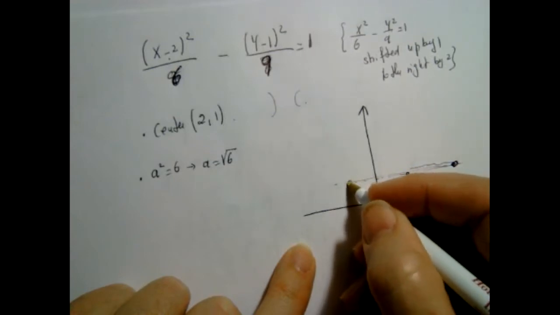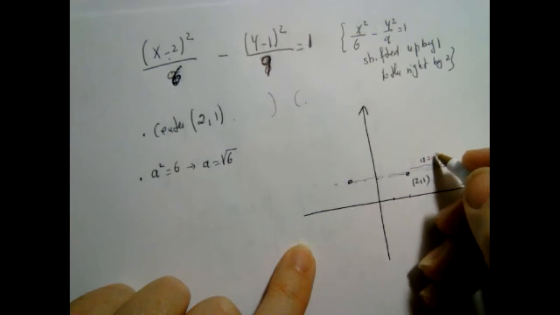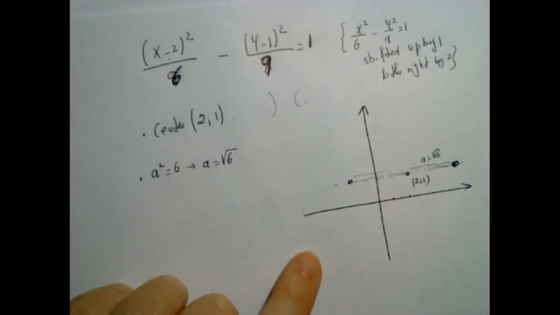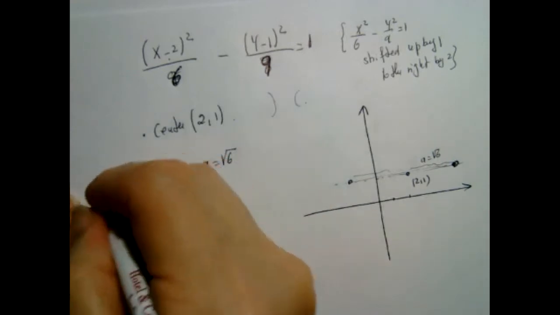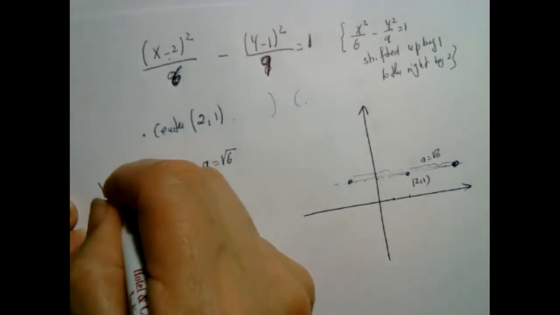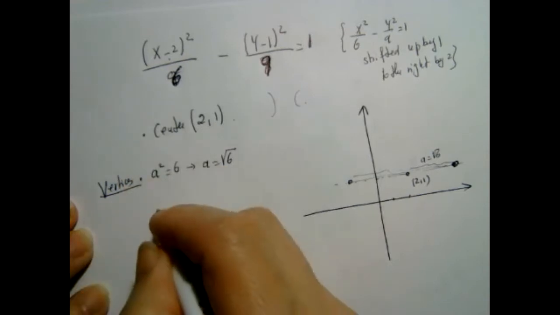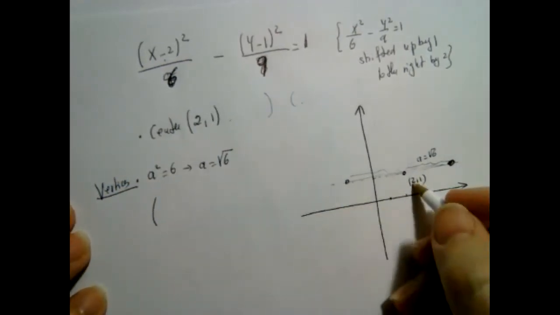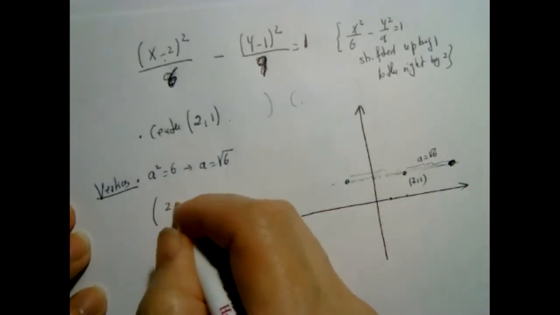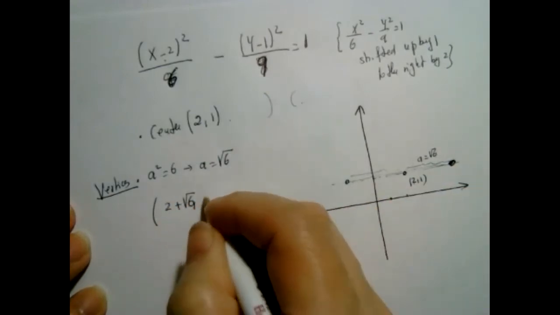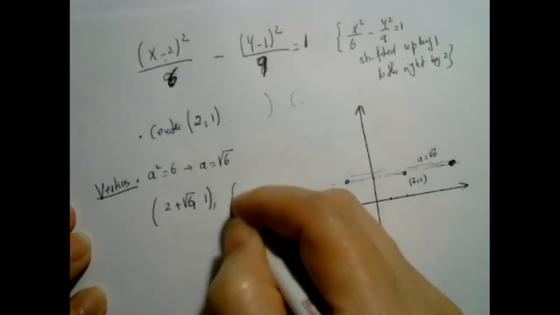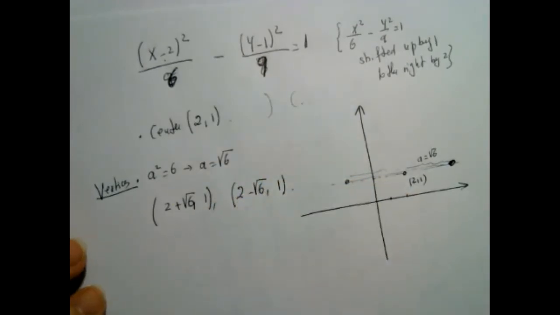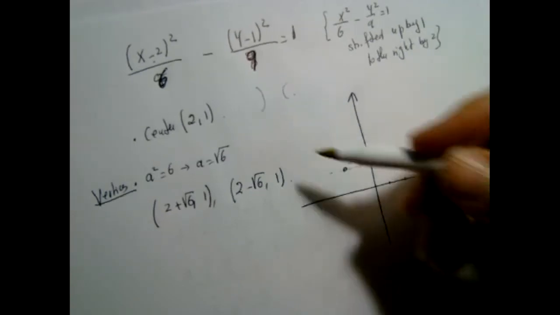So the vertices are on this line right here. So it's going to be 2 plus the square root of 6, and 1, and 2 minus the square root of 6, and 1. Okay. So this is going to look like that.